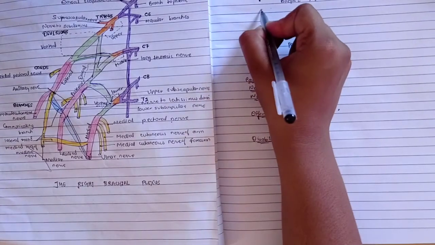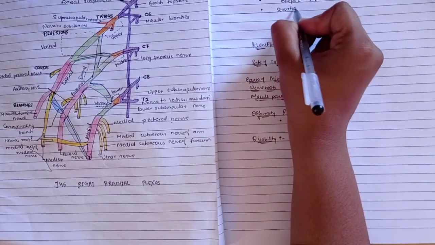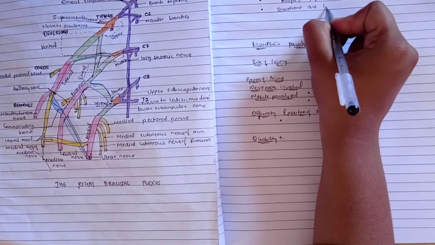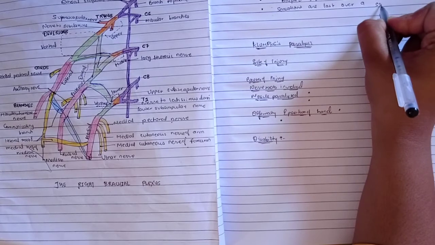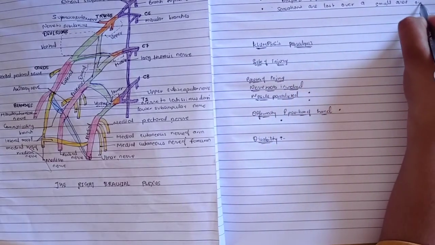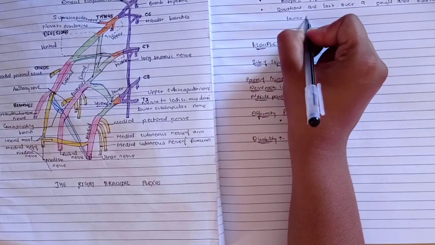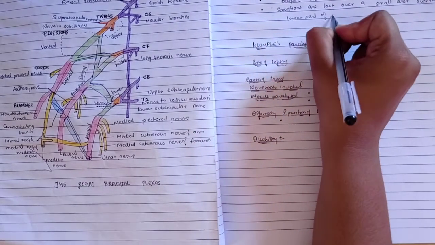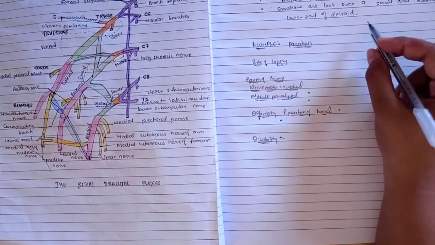And last, sensations are lost over a small area over the lower part of deltoid. So this is all about Erb's paralysis.